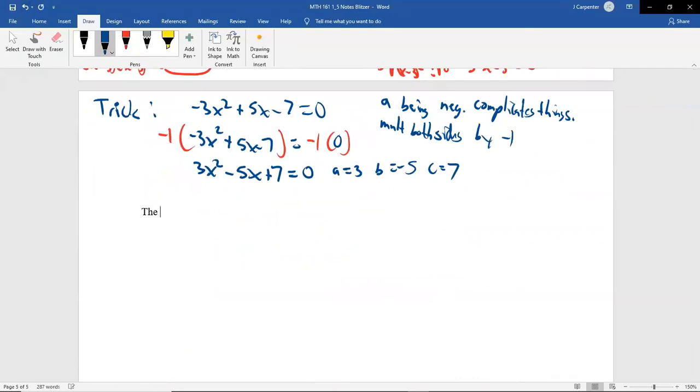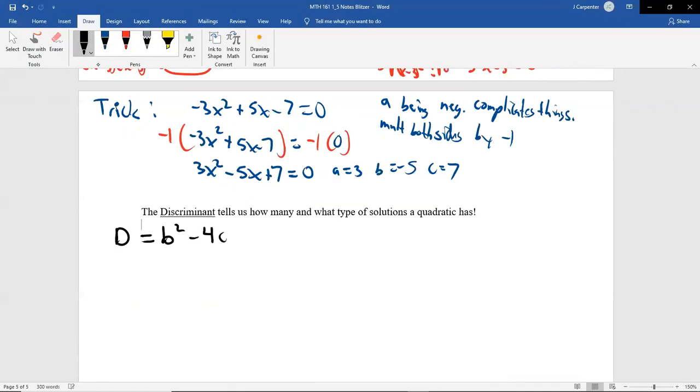So the discriminant tells us how many and what type solutions the quadratic has. That formula is d for discriminant equals b squared minus 4ac. Once again, literally the same exact thing as what was inside the square root.